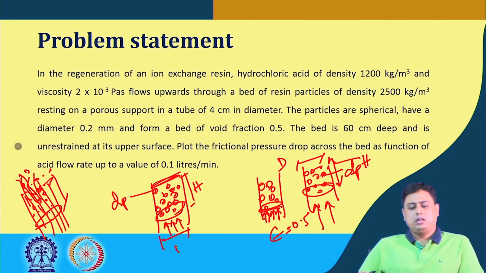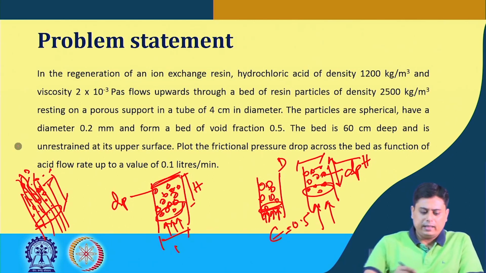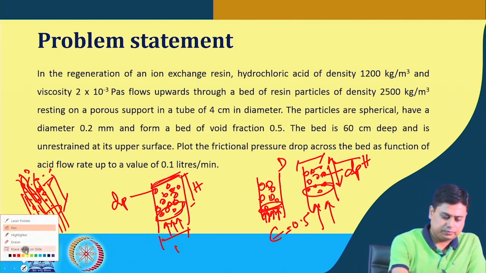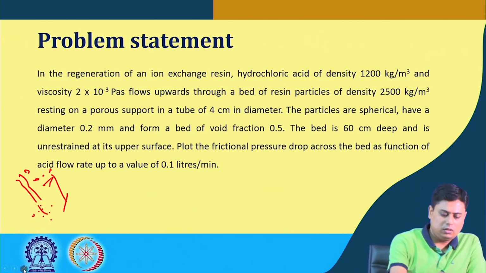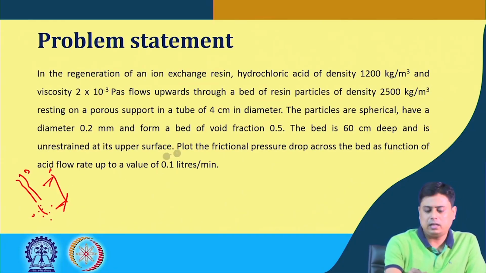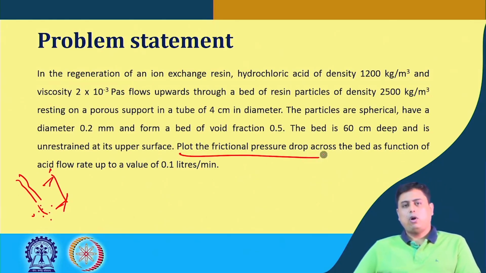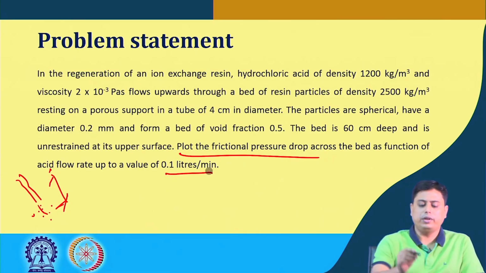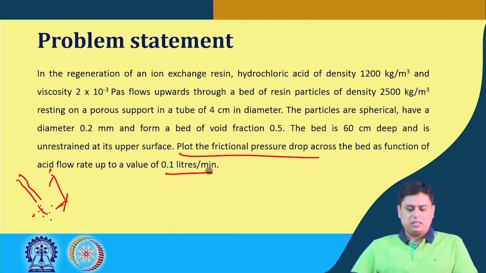So, if we now look at this last line: plot the frictional pressure drop across the bed as a function of acid flow rate up to a value of this flow rate, which means whether this much flow rate can create that amount of pressure drop which equals the weight of the solid bed.